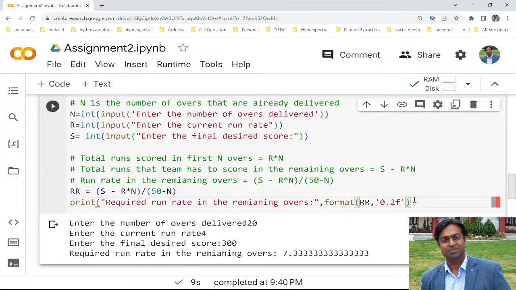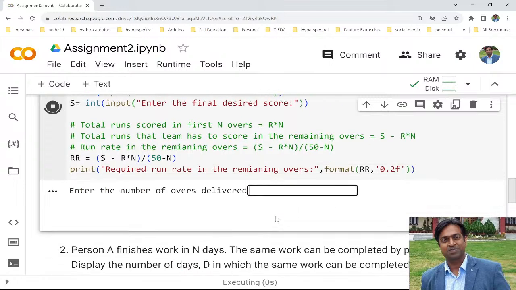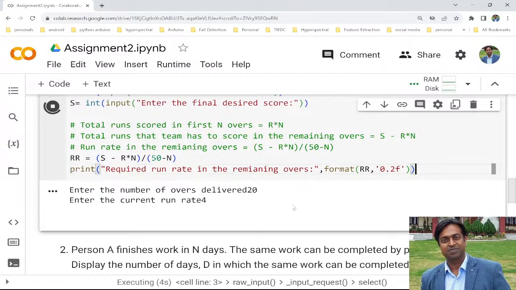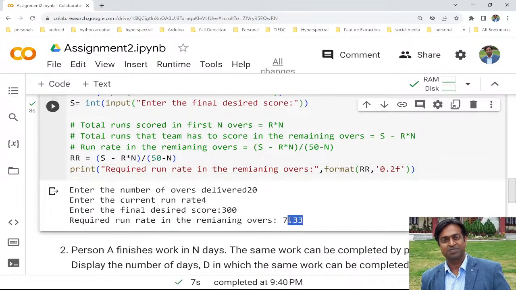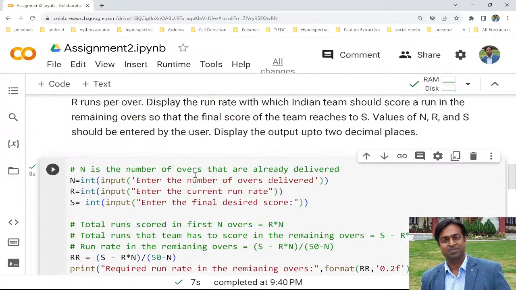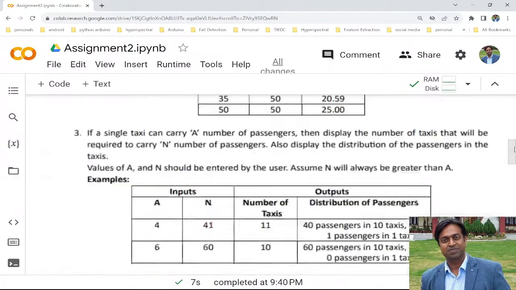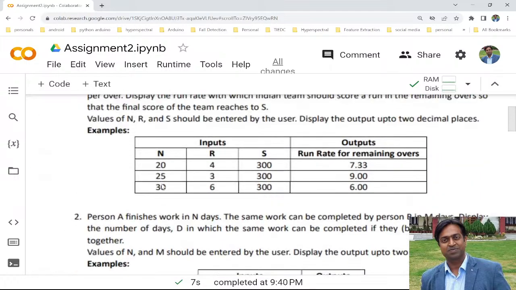So again if I execute this, total overs 20, run rate 4 and final score 300, you can see now I am getting 7.33. Let us check this program again for the remaining inputs.